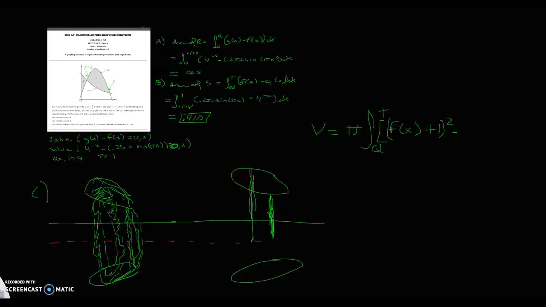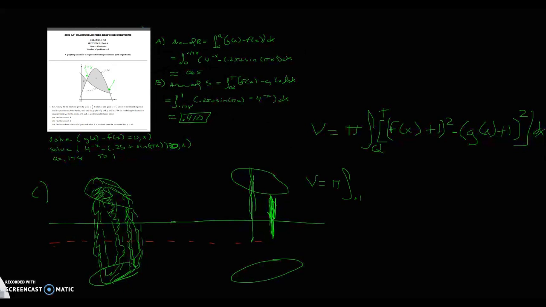From here to here, it's only g of x, so you have to add another one. So it's g of x plus 1 squared dx.